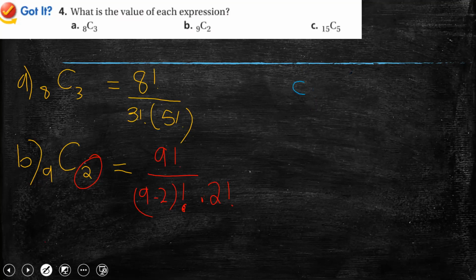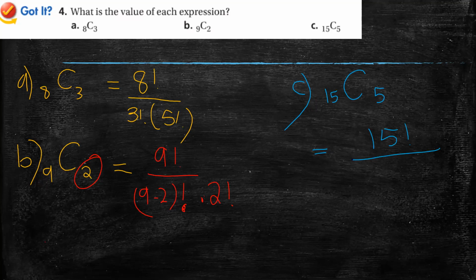See now, the number of combinations, 15 taken 5. 15 factorial over 15 minus 5 factorial, exactly, times 5 factorial. Teacher, should we simplify it or just leave it like that? Yes, you can simplify it or find it by calculator.